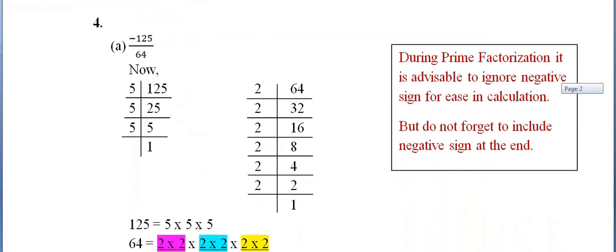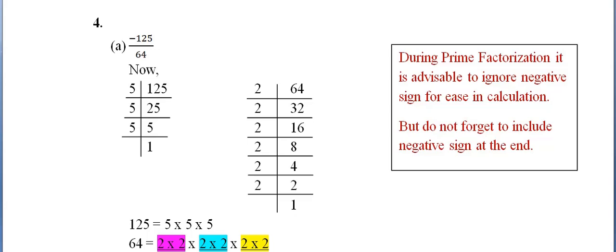Now question number 4. To do question number 4, you must do the prime factorization. And when you do the prime factorization, you can ignore the negative sign for the time being. But please remember that you must write the negative sign afterwards.